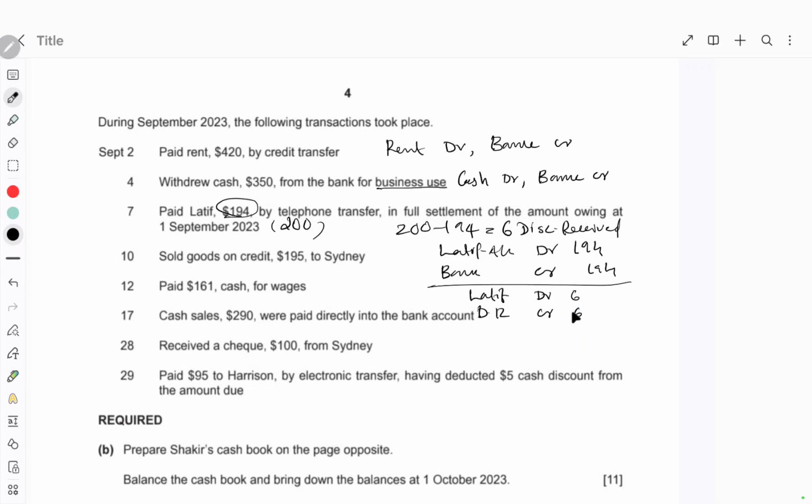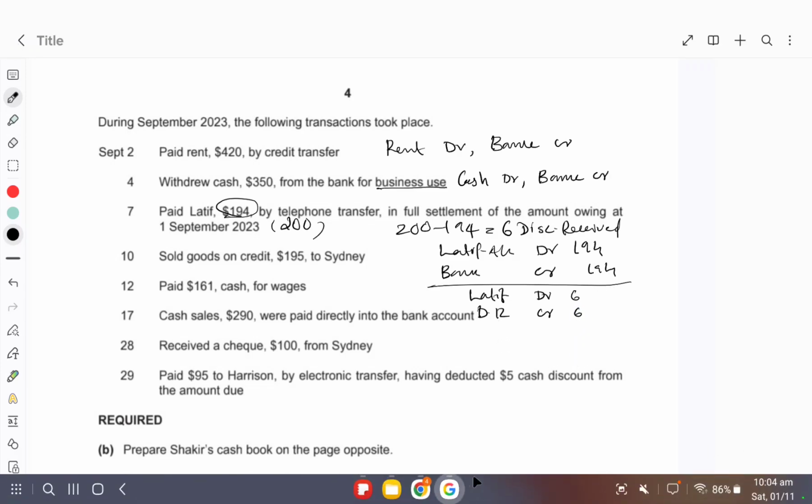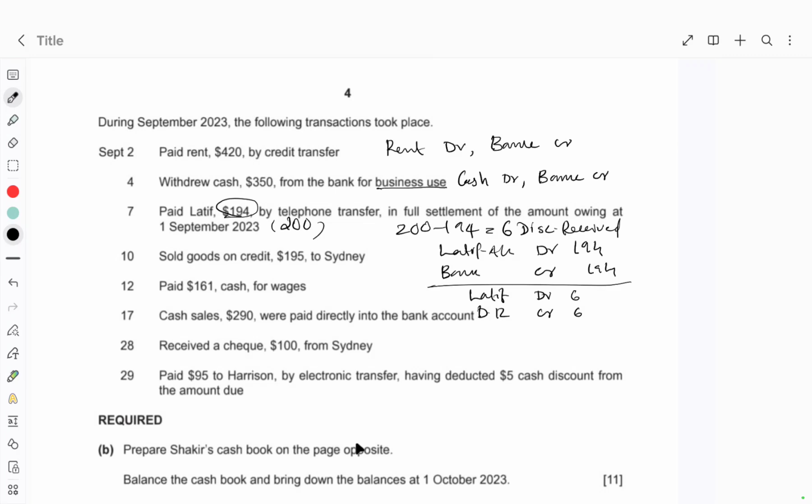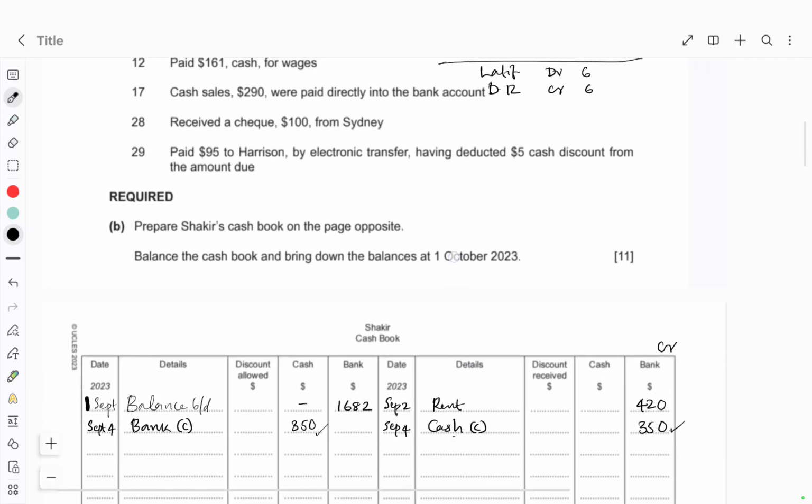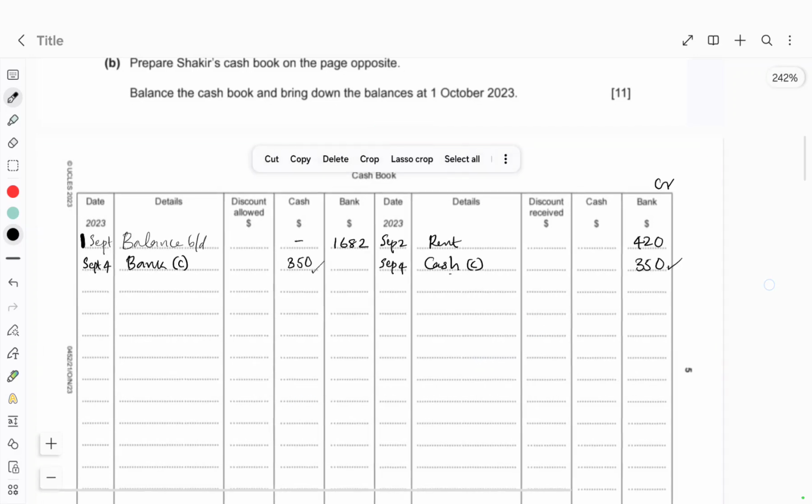So two transactions will come here, but we will record it here together. Yeah, it's together. So it's a payment. We know that the date is 7th September.